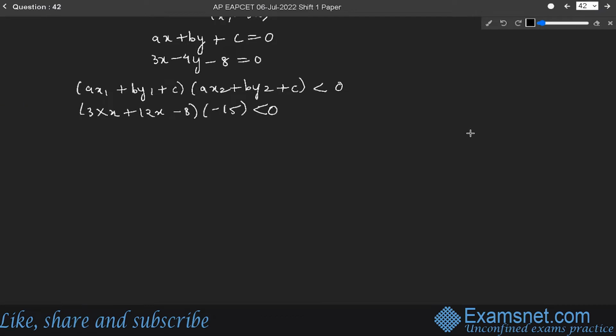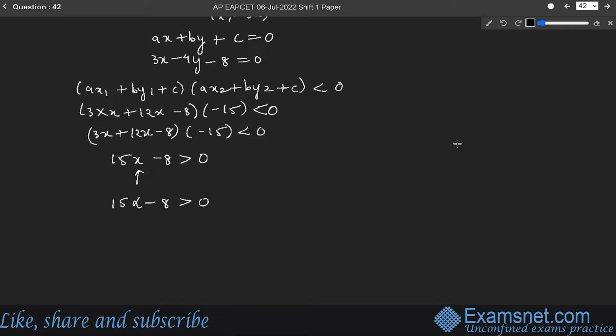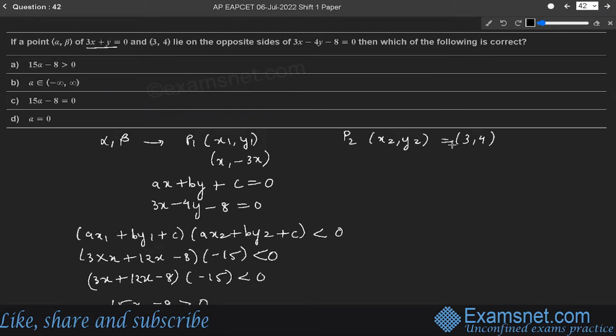On further calculating, this becomes (15x minus 8) into (minus 15) less than 0. So it becomes 15x minus 8 is greater than 0. Now again we have to replace this x by alpha, because in the starting we supposed alpha and beta as x and y. So it can be written as 15 alpha minus 8 is greater than 0. Therefore, we can say that the true statement among the following is 15 alpha minus 8 is greater than 0, which is option A here.